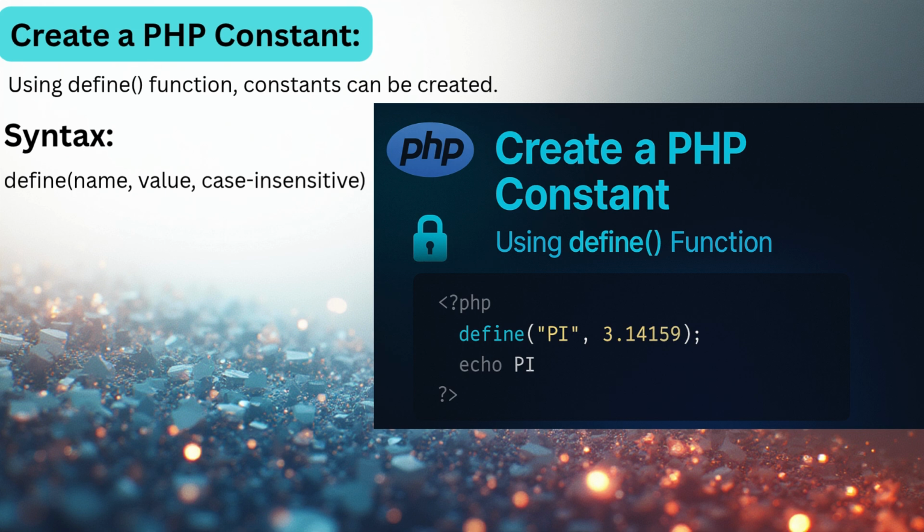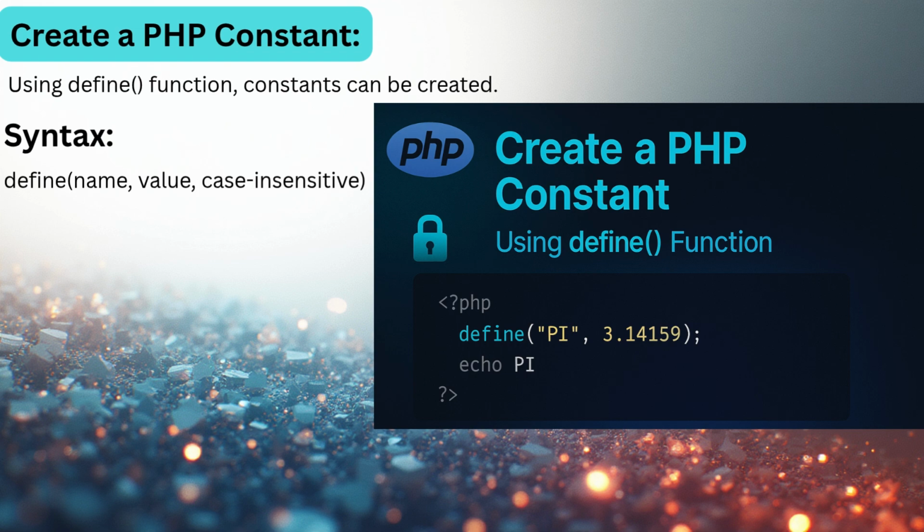Now let's compare both methods, define and const. The define function can be used anywhere in your script, even inside conditional statements or functions, because it is executed at runtime. On the other hand, the const keyword is a bit stricter. It must be declared at the top level of your code, outside of functions or conditional blocks, because it is defined at compile time.